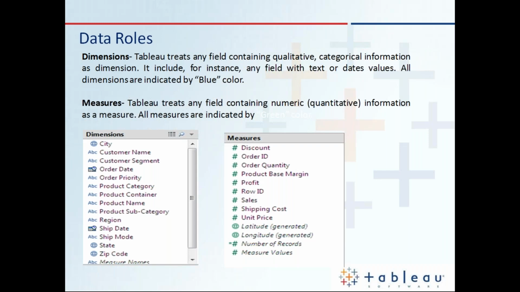So again, the quantity or the revenue has changed. The measures always keep changing, whereas the dimension does not change.